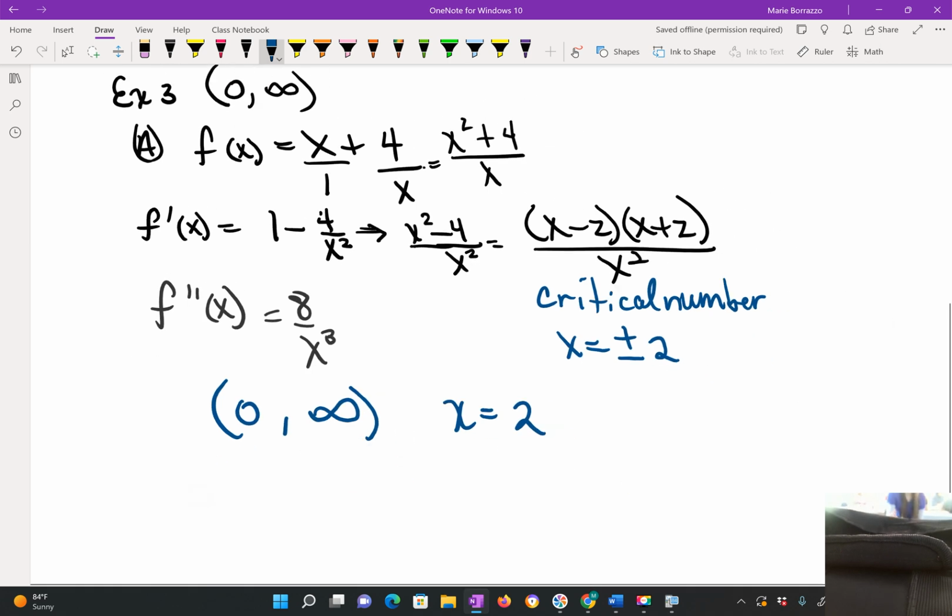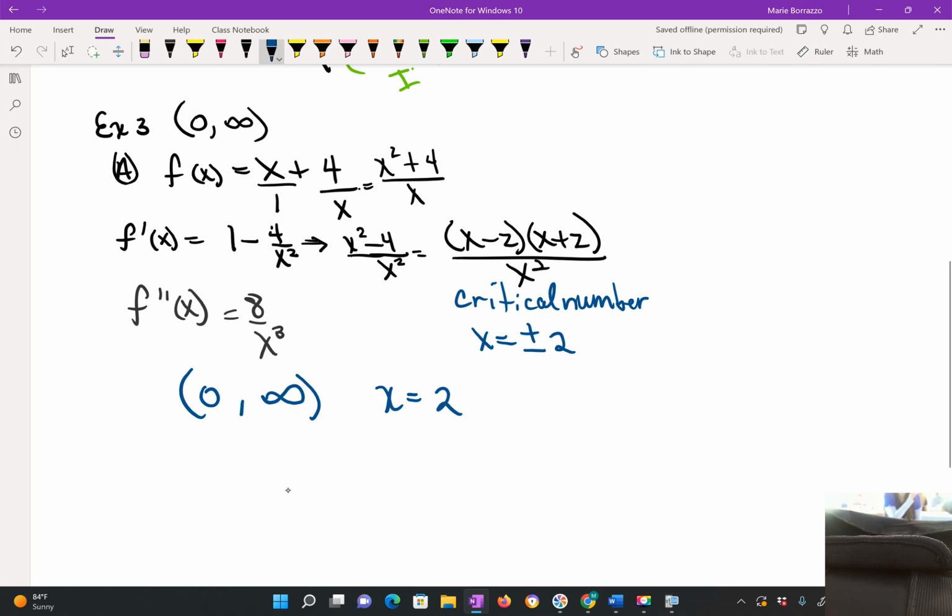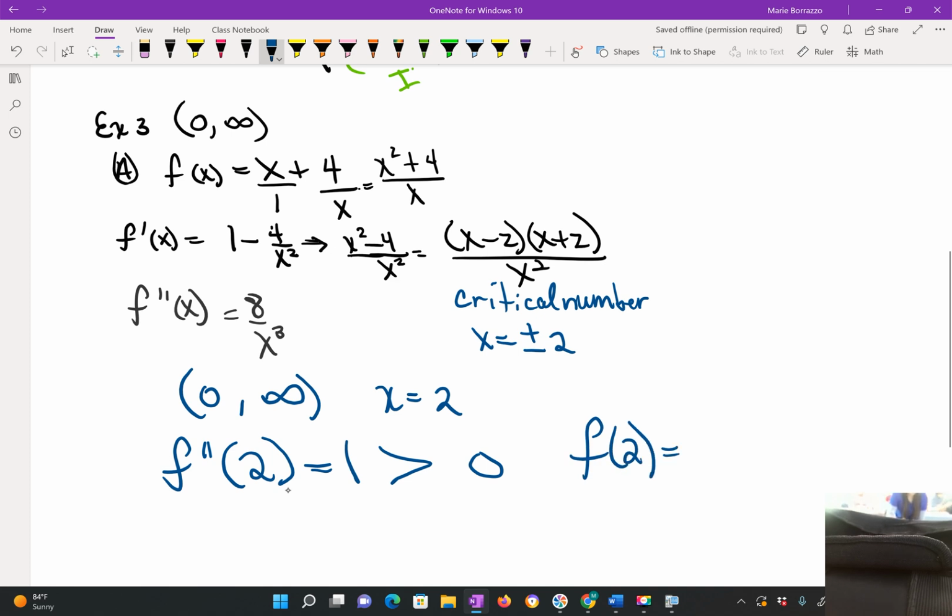If I pop that into that second derivative, using 2, we find that this equals 1, which is a value greater than 0. As a matter of fact, we know that f of 2 as a function is 4, right?